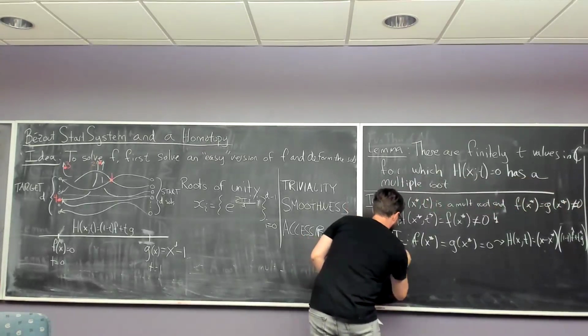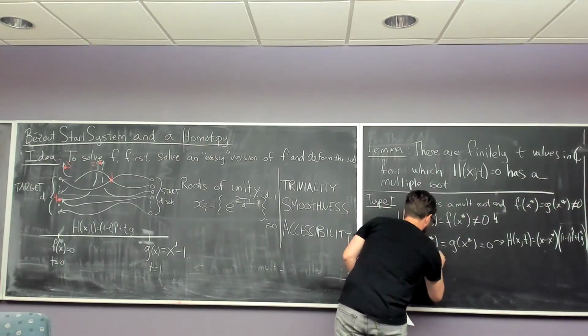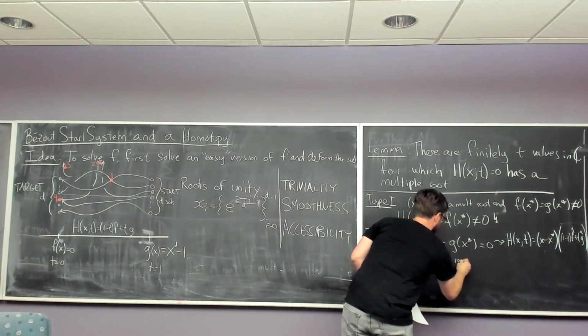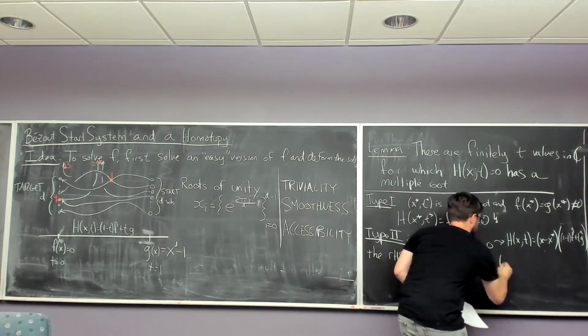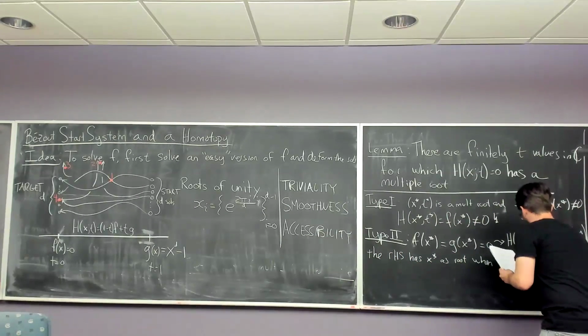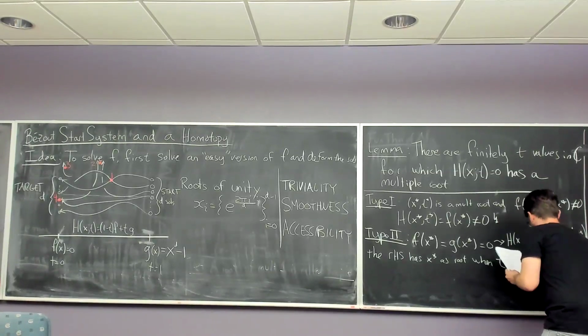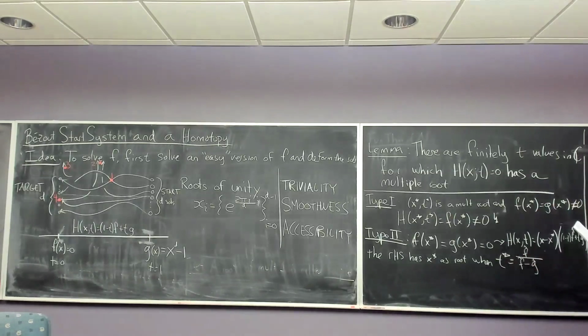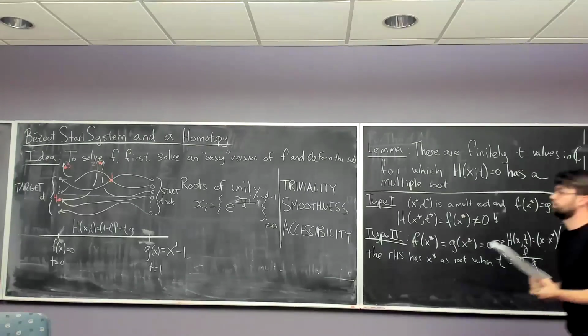The right-hand side has x star as a root when t star is this f hat over f hat minus g. But the denominator cannot vanish since x star does not have a multiple root.